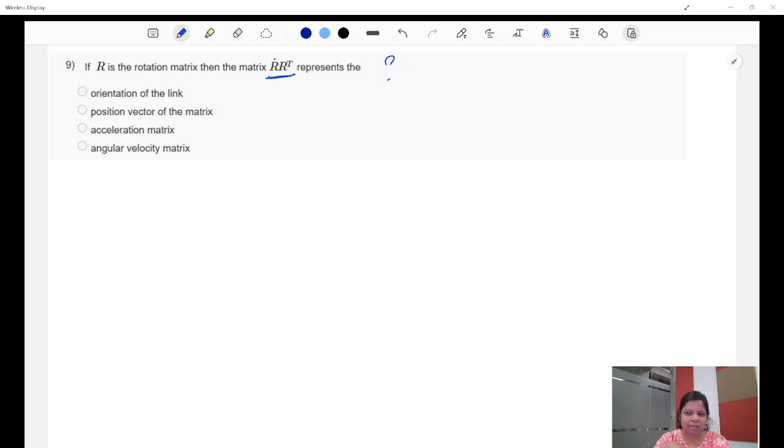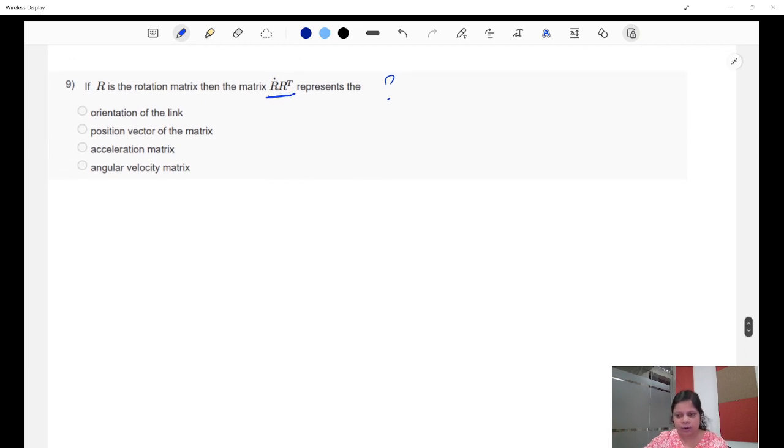R is basically made of theta. I am differentiating it, then multiplying it with the rotation matrix transpose. What could this actually lead us to? So I want you to think on this for 2 minutes, please, and tell me what could be the possible answer. I'll be back.